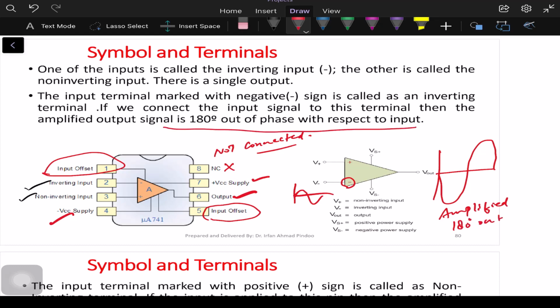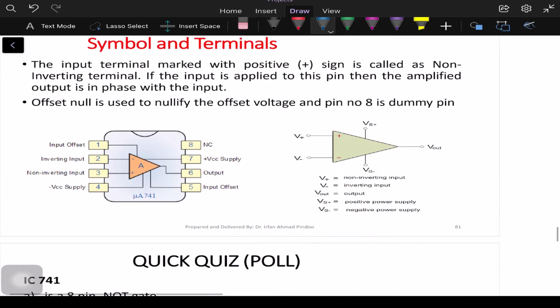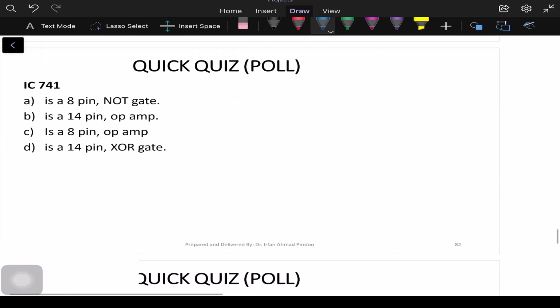That is what it means to be inverting. Similarly, non-inverting means if you give your input to the non-inverting terminal, then your output will only be amplified, but it will be in phase. So that is why the words non-inverting and inverting are used. That is what we have already studied.